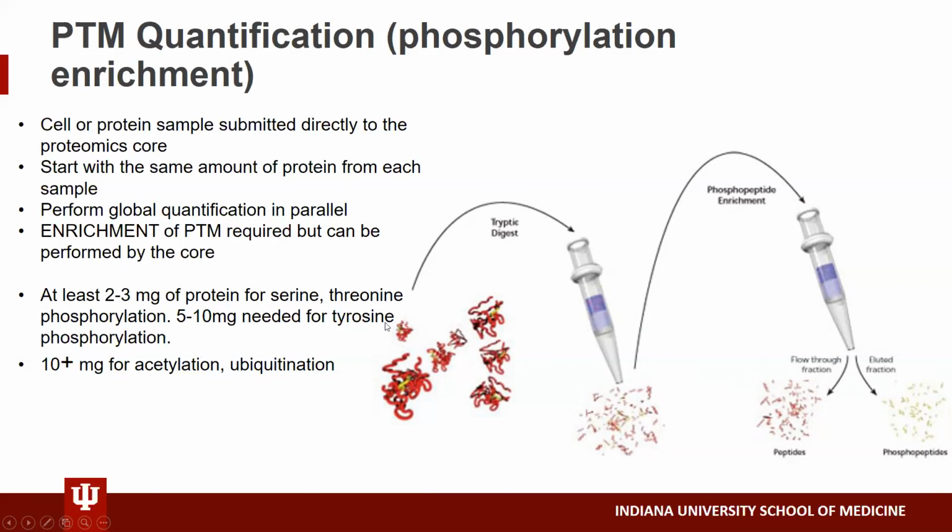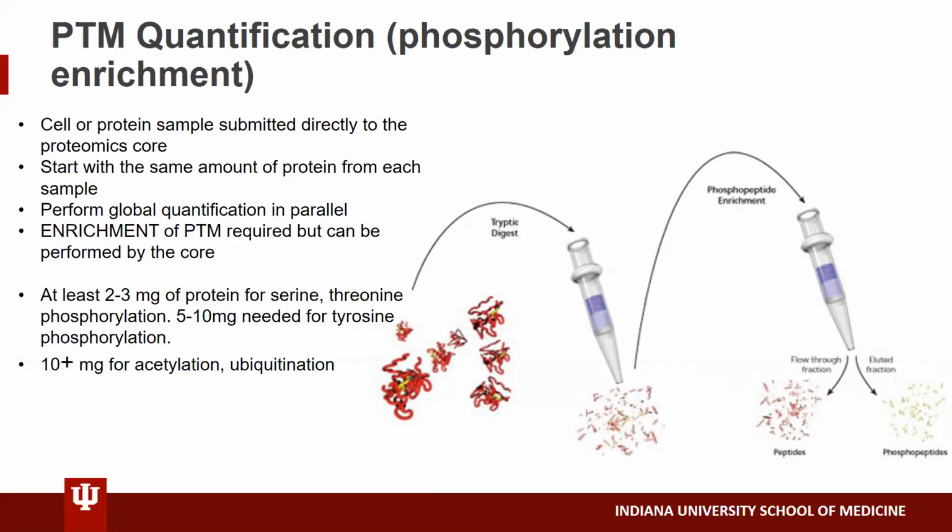So for tyrosine phosphorylation, acetylation, and ubiquitination, the way we do the PTM enrichment is actually using antibody on a resin. We need this really large amount of starting material so that we can identify the most possible sites for you after enrichment. So it's definitely a different set of considerations than for a global experiment.